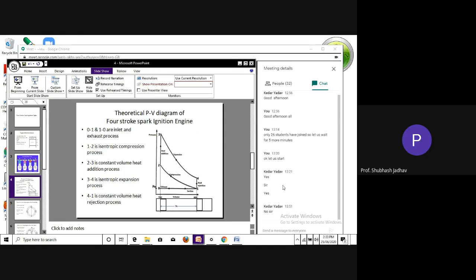Any doubts about the Otto cycle, whatever we have discussed till now? Anybody having any doubt? As I always tell you, no questions means two things. One, everybody has understood everything, and two, nobody has understood anything.